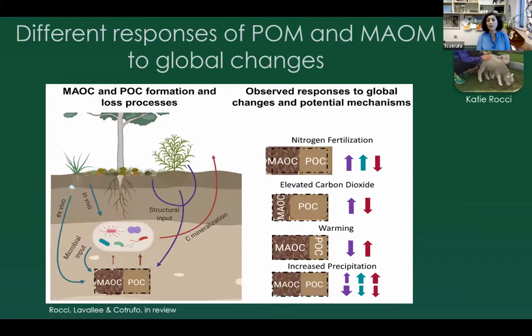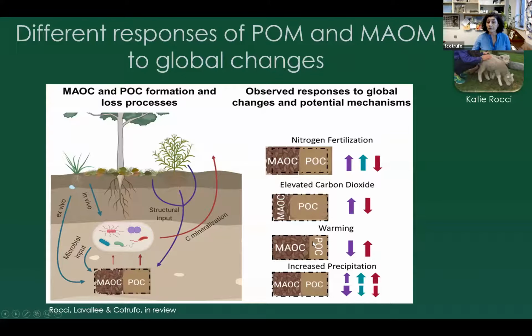A lot of the time, for example with elevated carbon dioxide, the effect on organic matter is unclear because the size of the pool doesn't change. But what Kathy Rossi observed in her PhD study, with a meta-analysis, was that elevated CO2 doesn't change the total carbon stock, but very much changes the distribution.